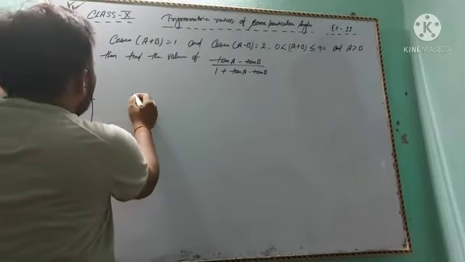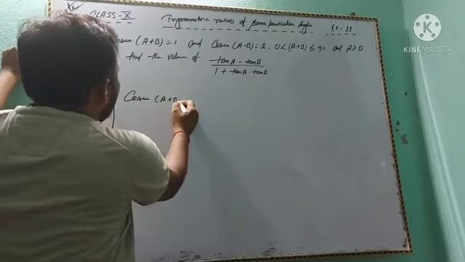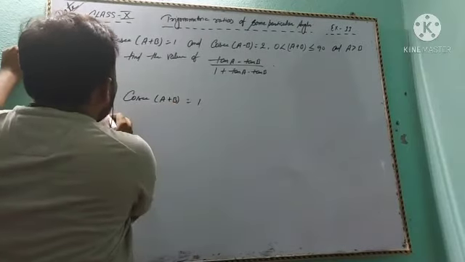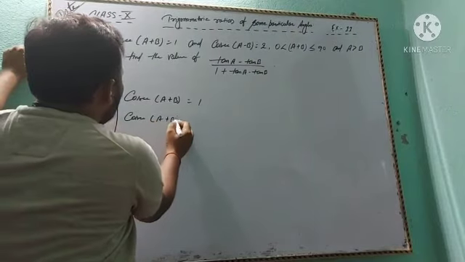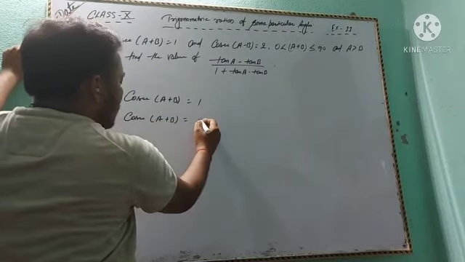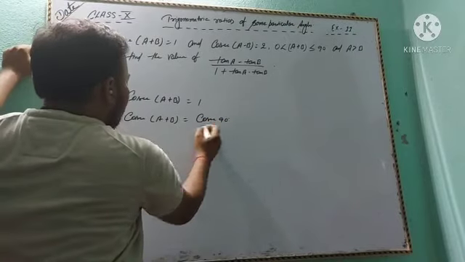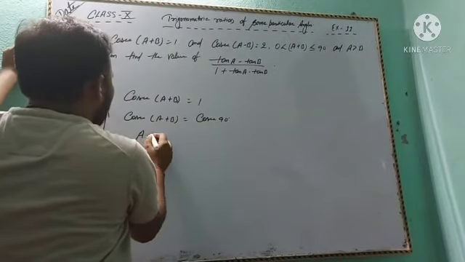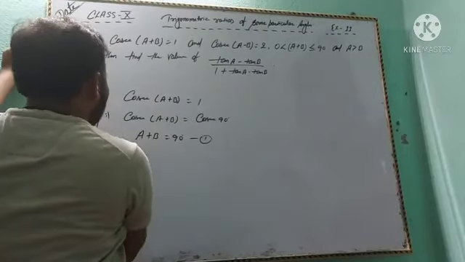Given cosec A plus B is equal to 1. So here students, cosec A plus B, 1 is the value of cosec 90 degree. So here students, A plus B is equal to 90 degree. This is equation 1.